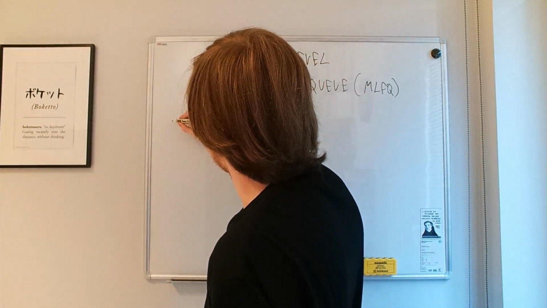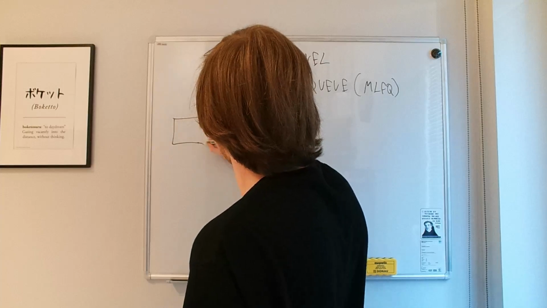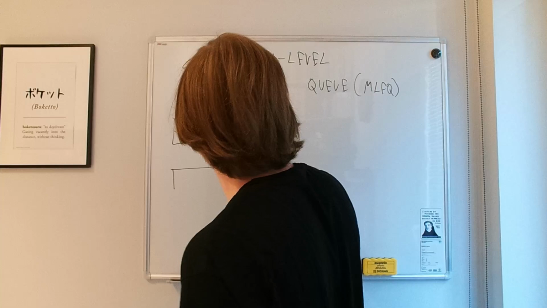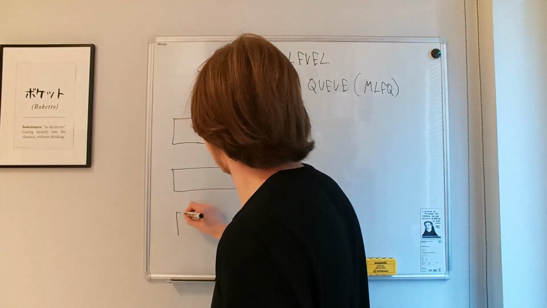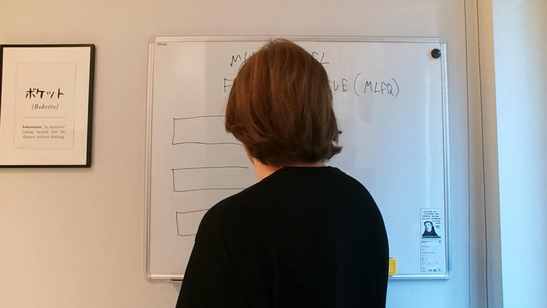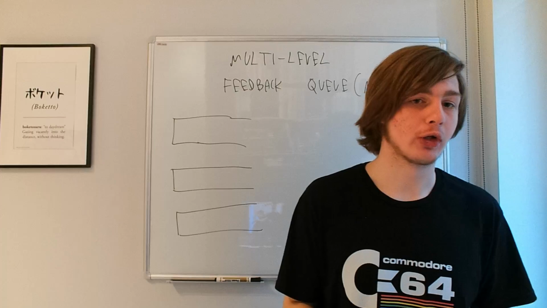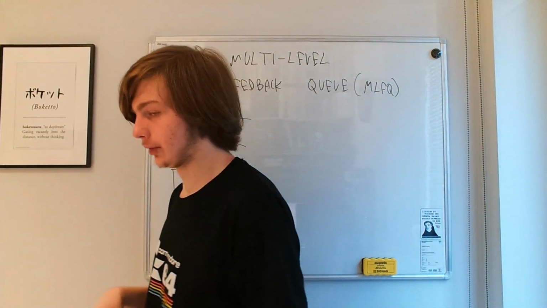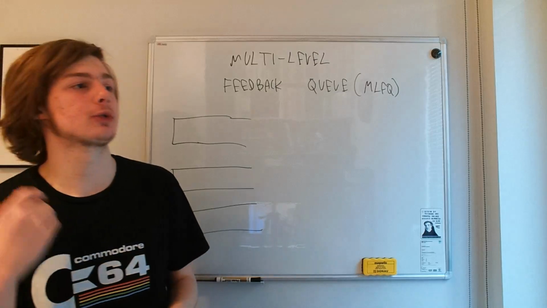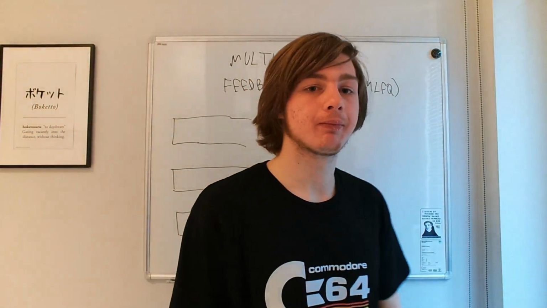Let's say I have one queue, I have another queue, I have another queue, which are often also just referred to as the dynamic priorities, or simply priorities sometimes, for different processes.